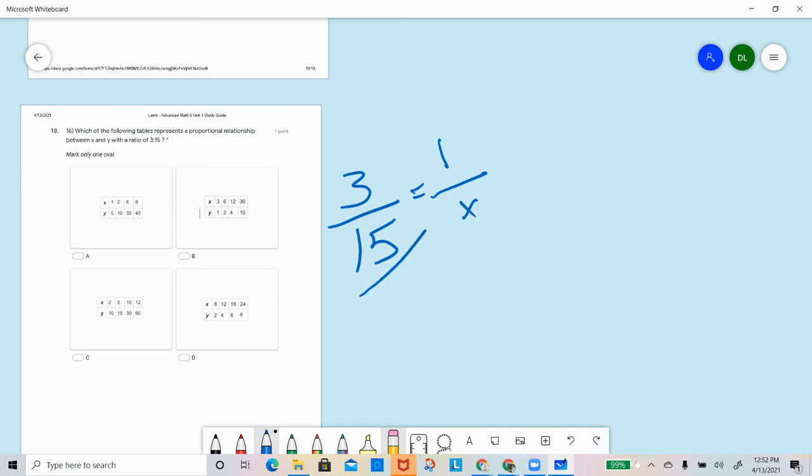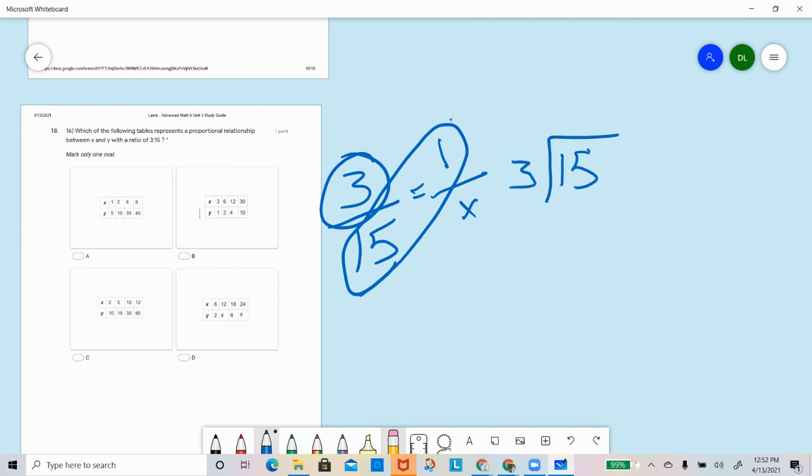Right? 15 divided by 3. So we have a 1 to 5 relationship. 1 to 5, 2 to 10, 6 times 5 is 30, 5 times 8 is 40. That looks like it's a relationship that works.